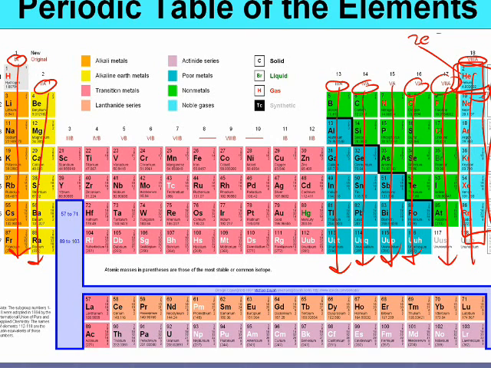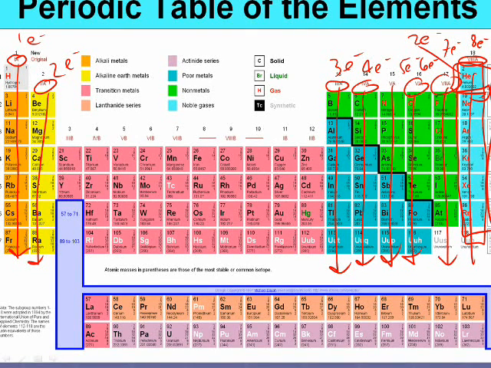They are stable at 8. 8 is a filled outside electron shell. It's the valence shell that dictates their chemistry and how they act. Those with 1 valence electron are going to act differently than those with 2. And those with 6 valence electrons are going to react differently than those with 3 valence electrons.